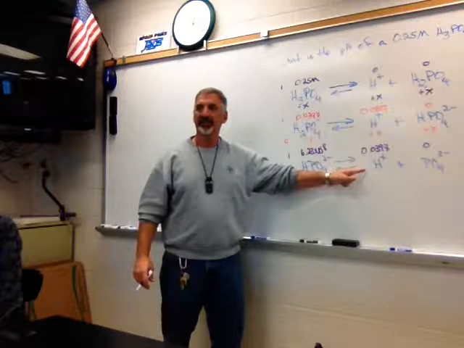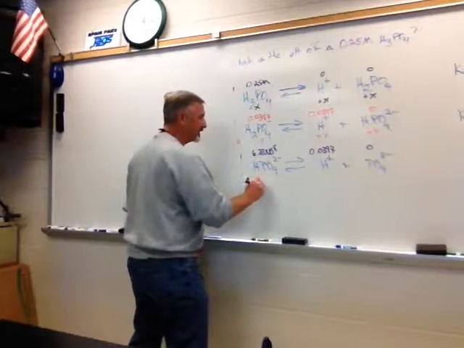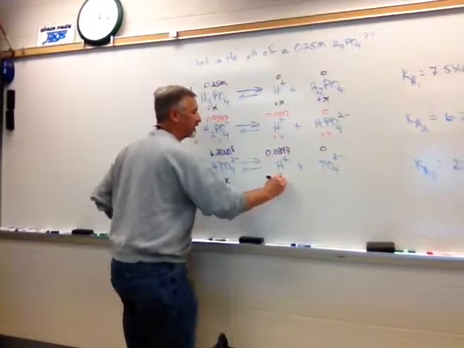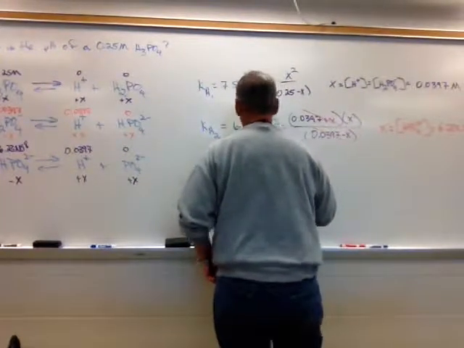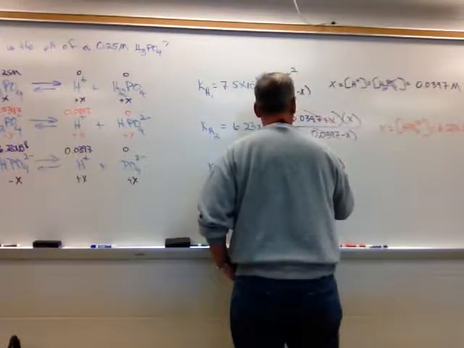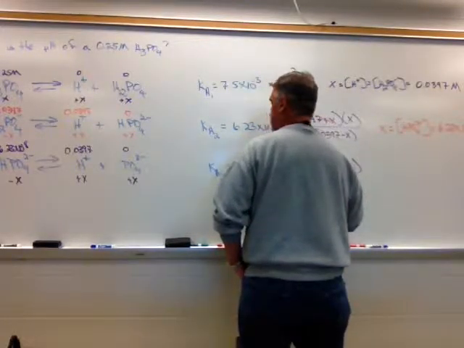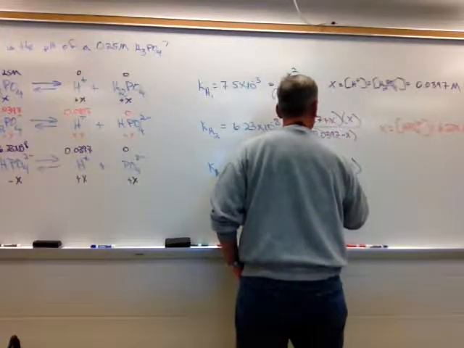So our change now again is going to be minus x, plus x, plus x. So it's going to equal 0.0397 plus x, and 6.23 times 10 to the minus 8 minus x.